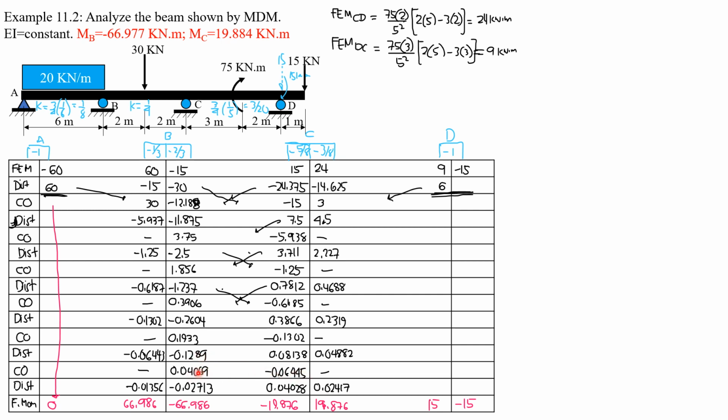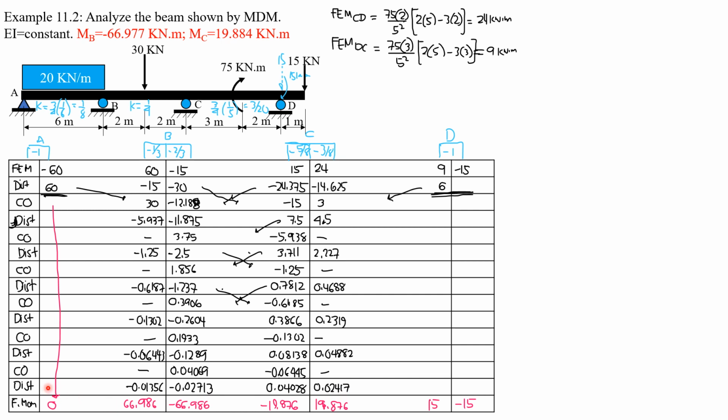Then distribute this moment, 0.0469 times negative 1/3, that's the value. Then 0.04069 times negative 2/3, negative 0.02713. Negative 0.06445 times negative 5/8, 0.04028, and negative 0.06445 times negative 3/8, 0.02417.